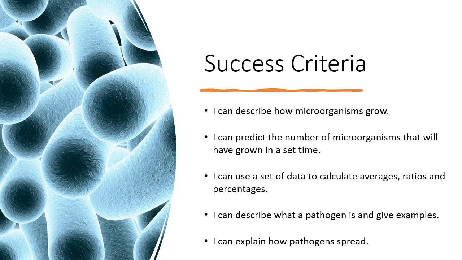And remember, you've got that table to work out what your strengths and areas of development are and how you can improve these things. This is not just for first year. You will be using averages, ratios, and percentages all the way up through the school. So if you can get it now, you're sorting yourself a lot of problems further up the school. You can also describe what a pathogen is and give examples and explain how pathogens are spread.